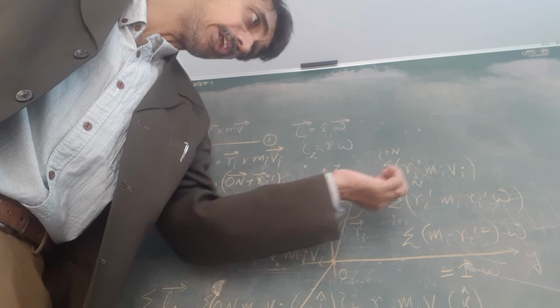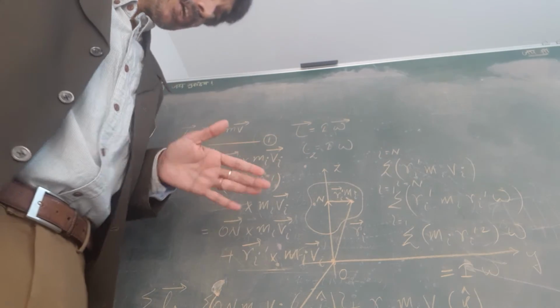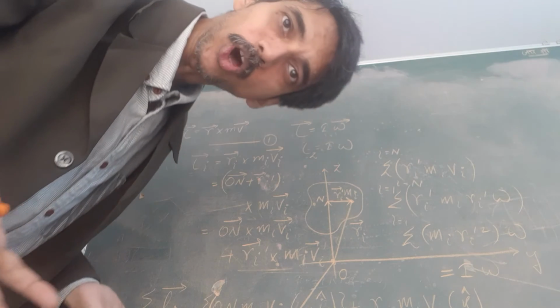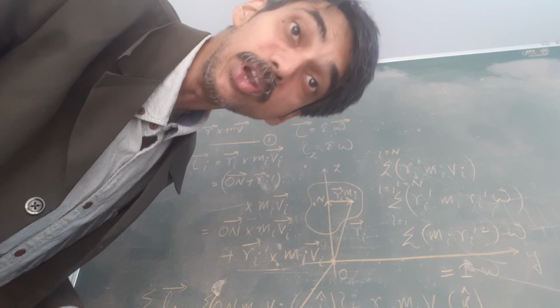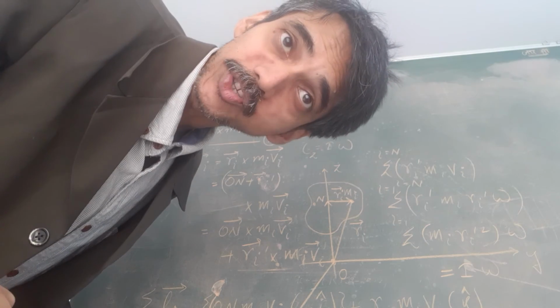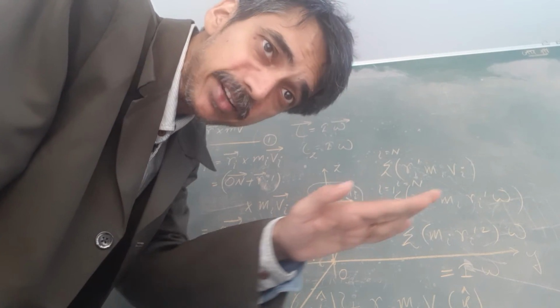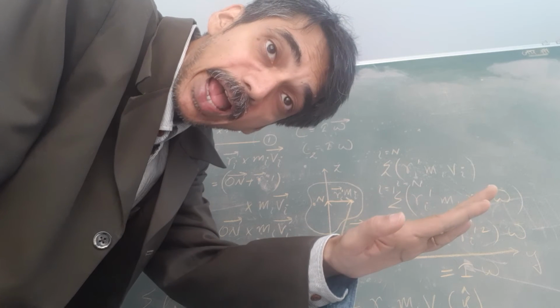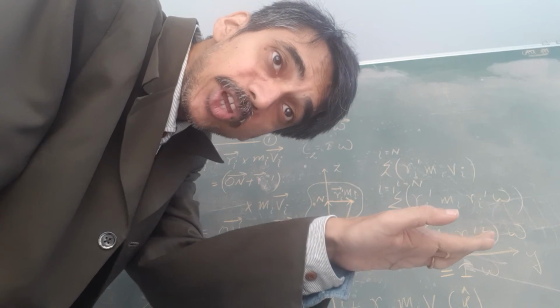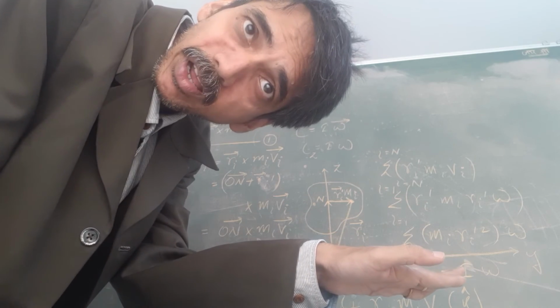When we are dealing with the second one, X and Y are not to partake. Only Z will partake. Why will only Z partake? Because the first factor, if you look, was getting you a vector, and that vector was continuously changing its direction for any particle.